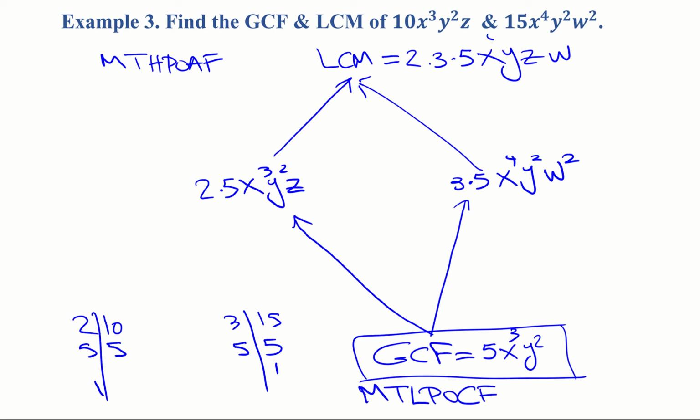X to the 4. For y, between y squared and y squared, what's the highest power? Of course, just y squared itself. For z, the highest power is just z itself. I guess if you want to be a little consistent and go alphabetical here, I would put the w first. Doesn't matter though, remember.